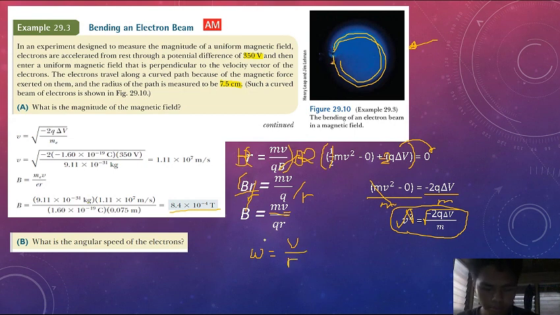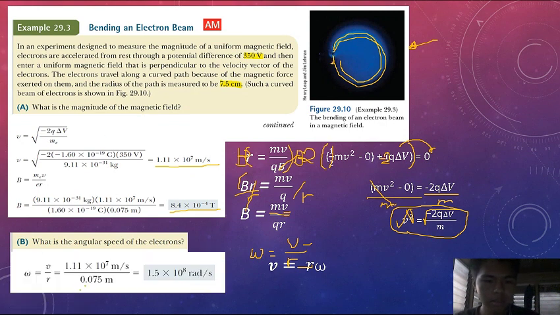And since our velocity is 1.11 times 10 to the power 7 meter per second, and our radius is 0.075 meter, calculating that, we will have 1.5 times 10 raised to the power of 8 rad over second. So that is our angular speed of the electron.